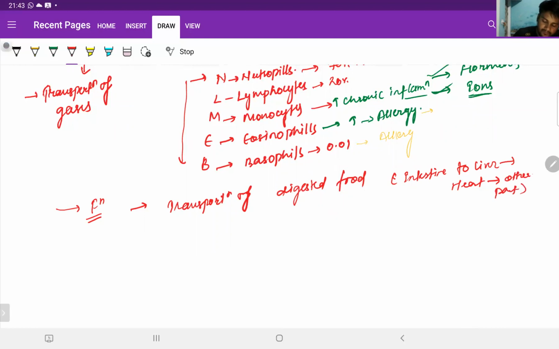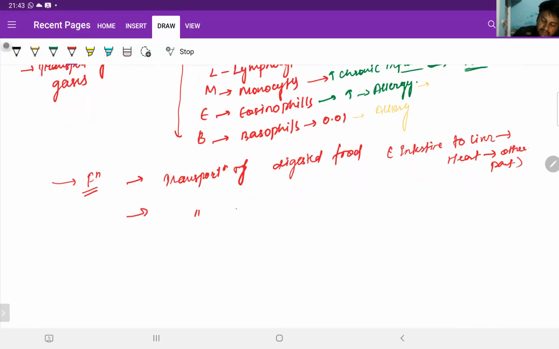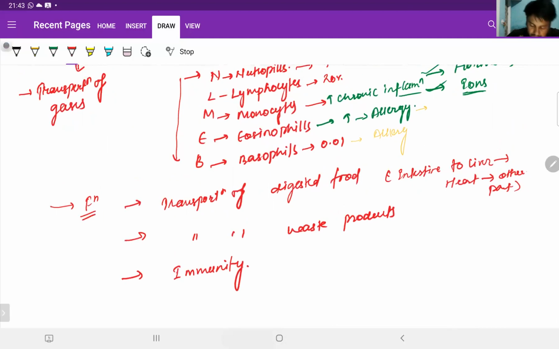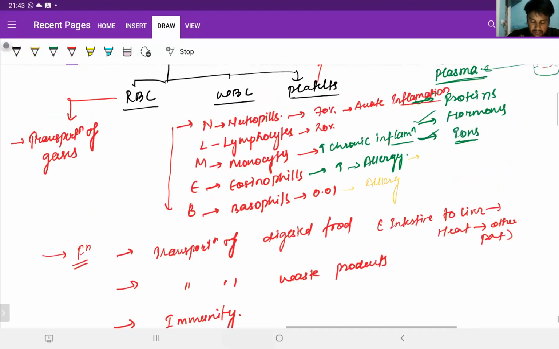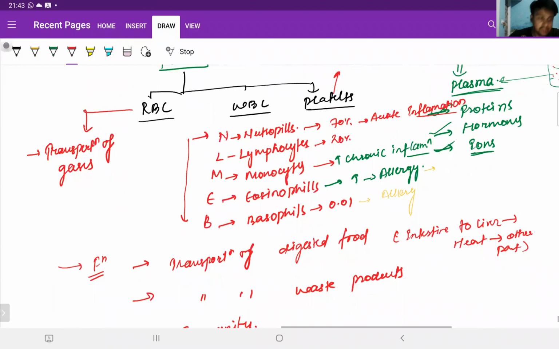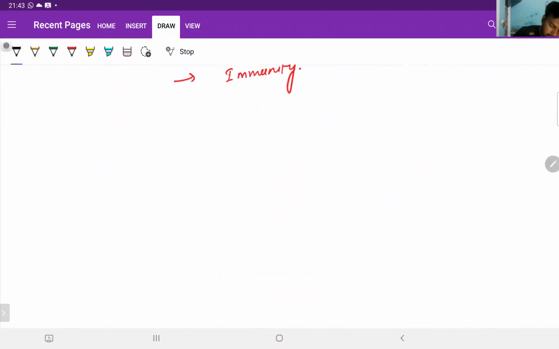There is also transportation of waste products, and it is involved in the immunity of an individual. These are the basic functions of your blood connective tissue, and we have extensively discussed this. Now, moving on to another type of connective tissue, that is called bone.